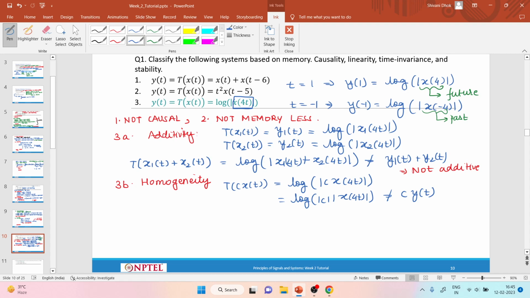So therefore this system is not homogeneous, and therefore this is not linear.